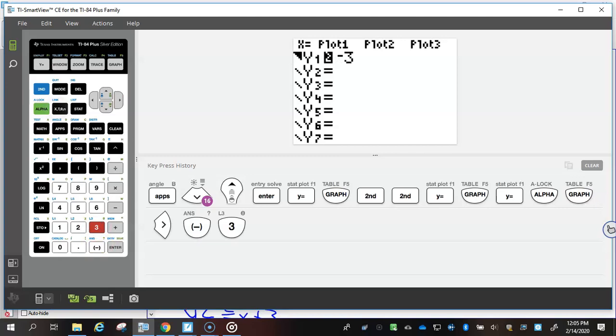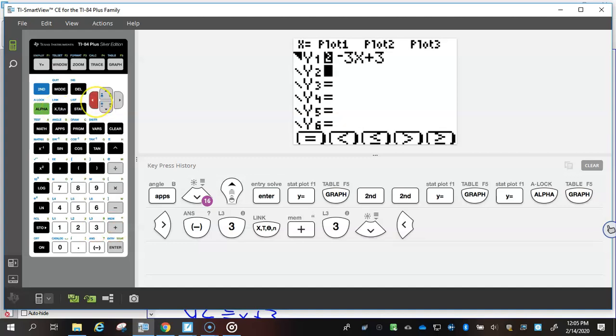Negative 3x plus 3. And change your other one to just greater than. So you need trace, alpha trace. If you're looking at these, they should look different. One should be a solid line shaded above.